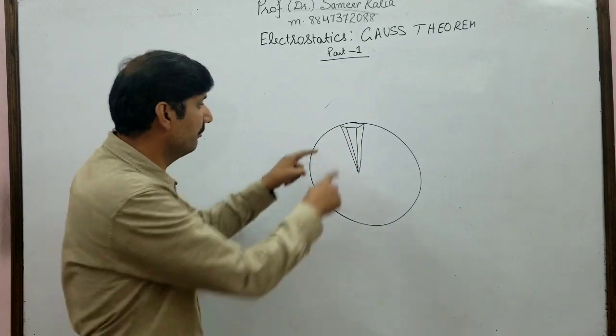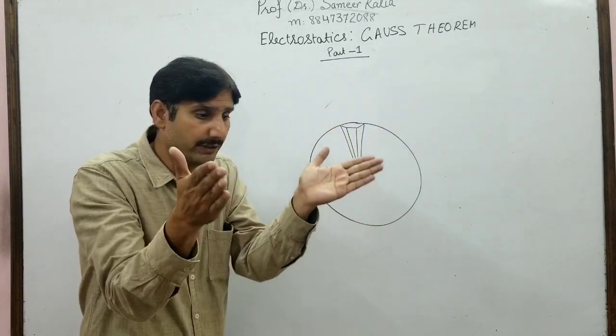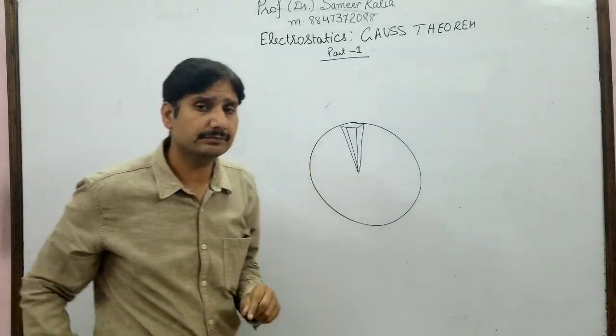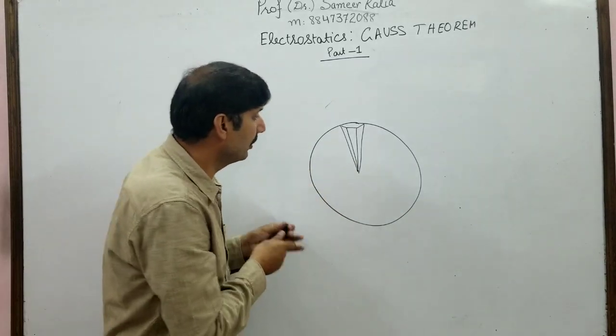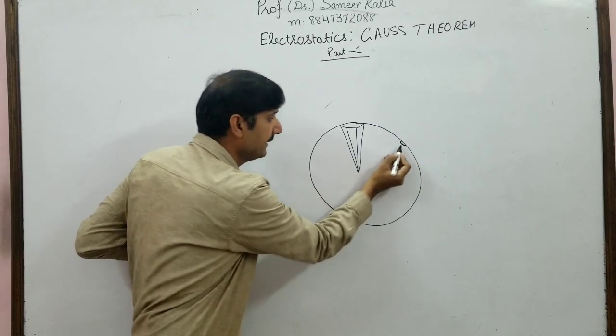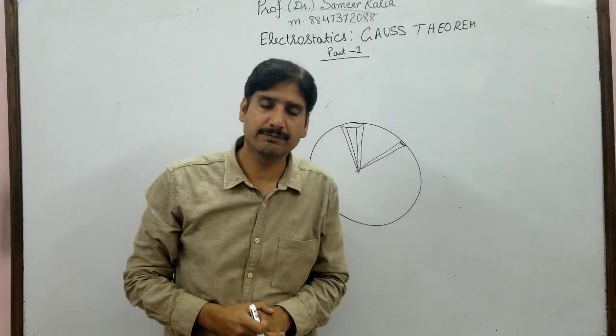Now, if you take a bigger patch on the surface, you will have a bigger cone, and if you take a smaller portion of the surface, you will have a smaller cone.